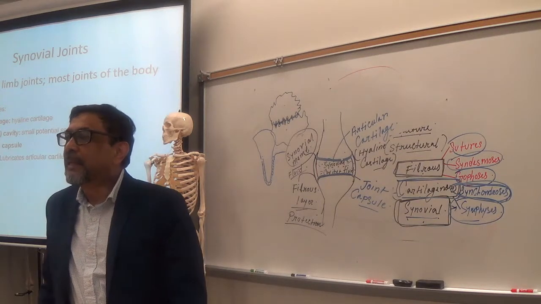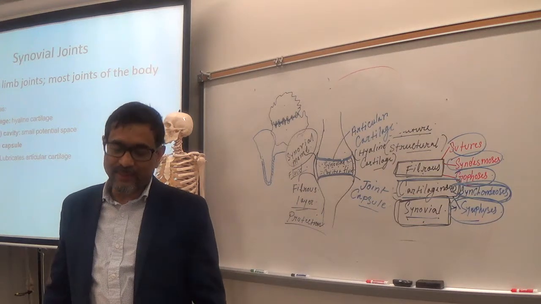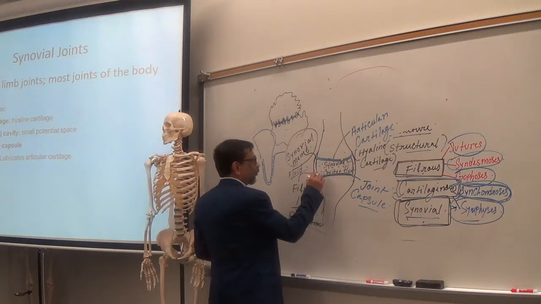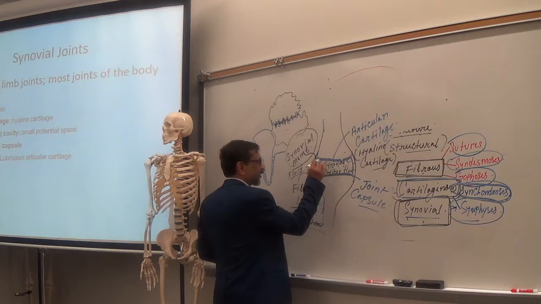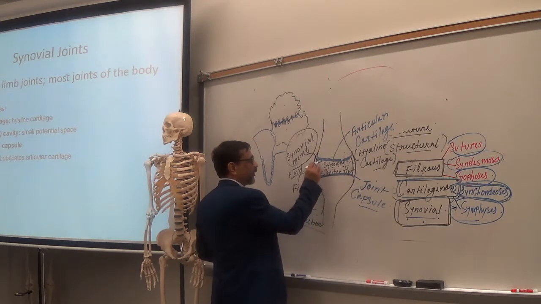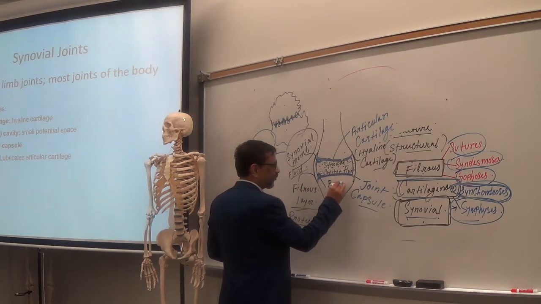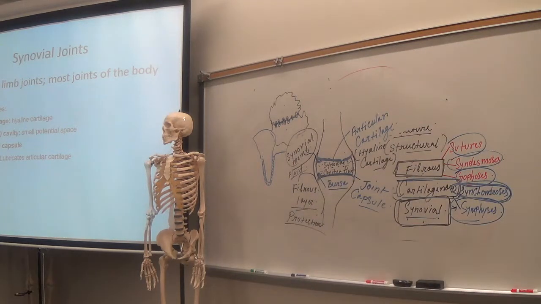Now, in some large synovial joints, you will see another structure, fluid-filled sacs, flattened fluid-filled membranous sacs. These are called bursae. Okay. So bursae are present only in large synovial joints.